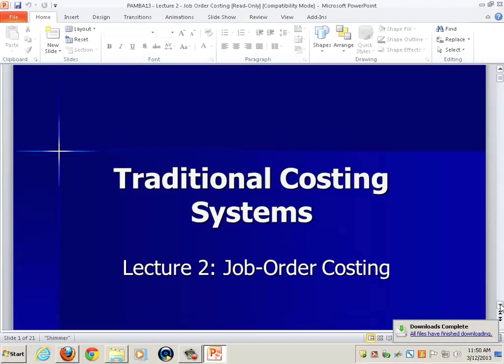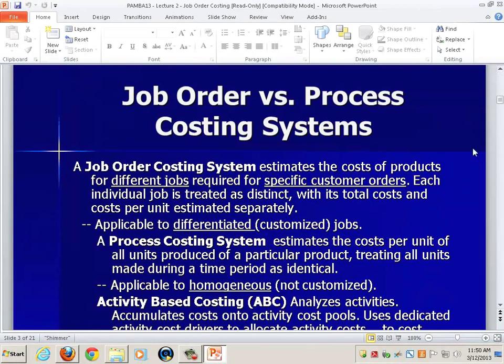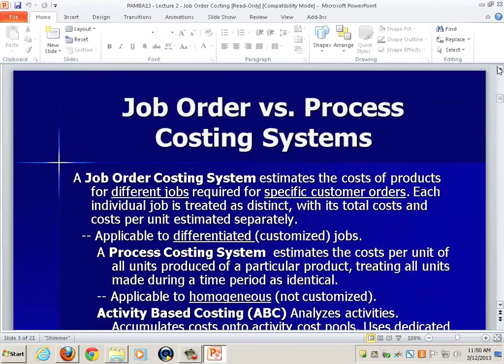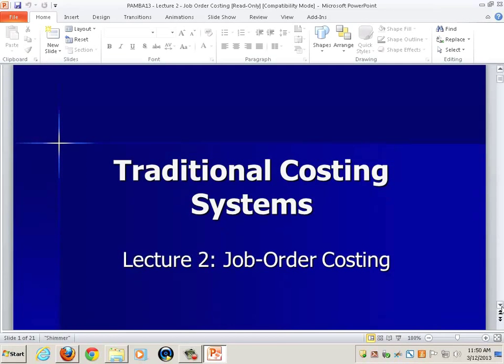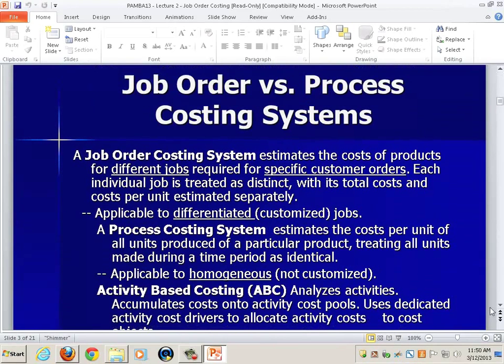Okay, job order costing. We now would like to go through the procedures where we cost jobs. What are the procedures that we take in costing jobs in traditional costing methods?